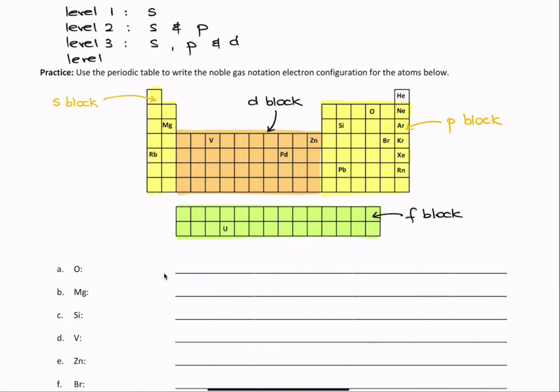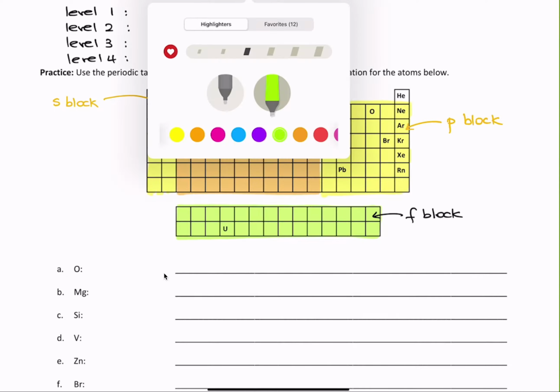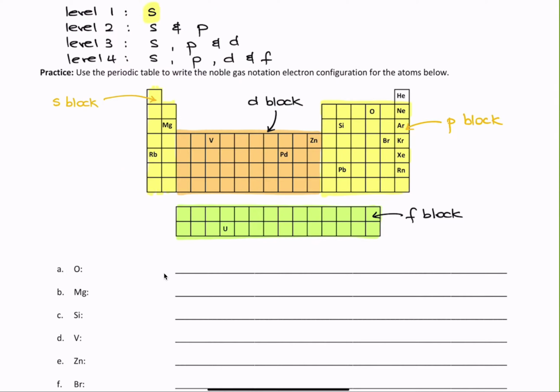And level 4 and above, you'll find S, P, D, and F sublevels. So F only starts at 4. Really wanted to emphasize that S starts at level 1, P starts at level 2, D starts at level 3, and F starts at level 4.